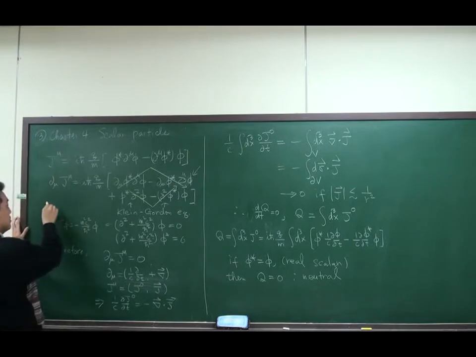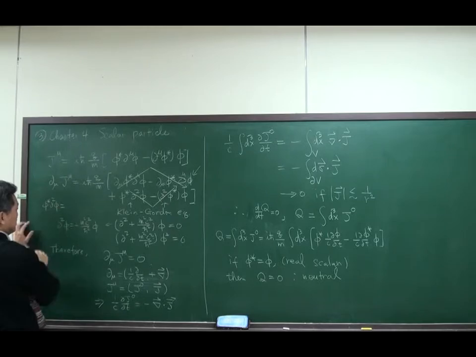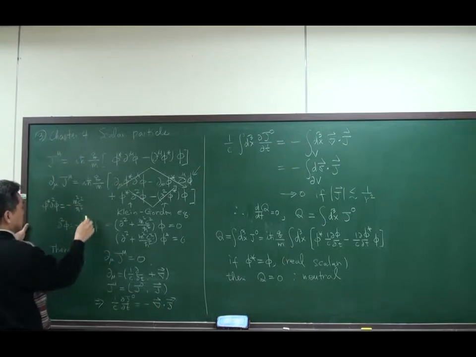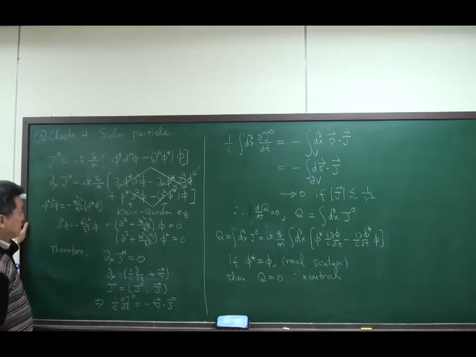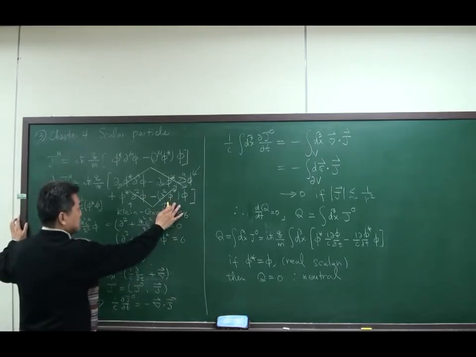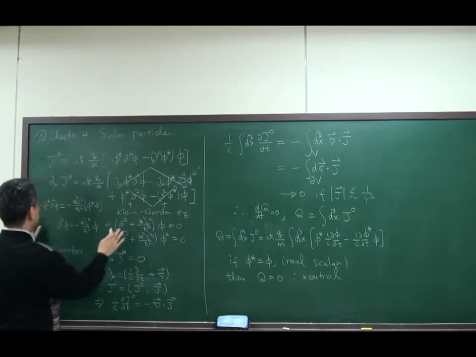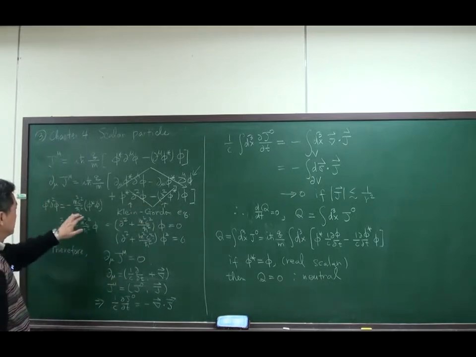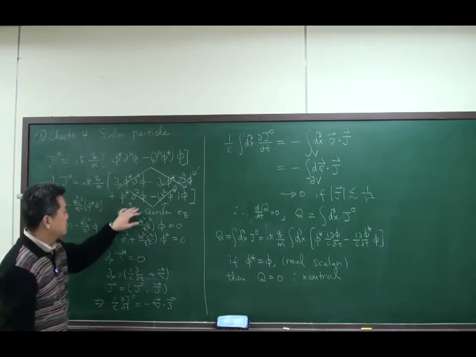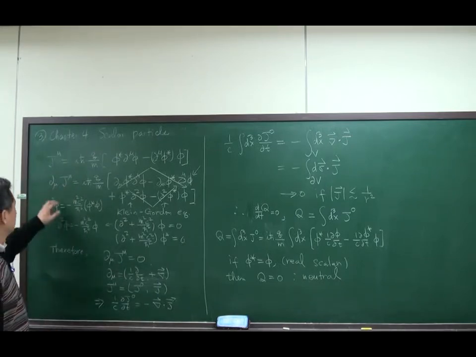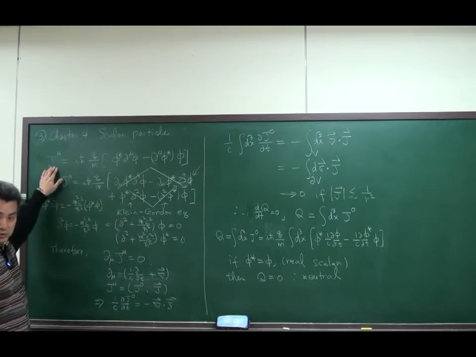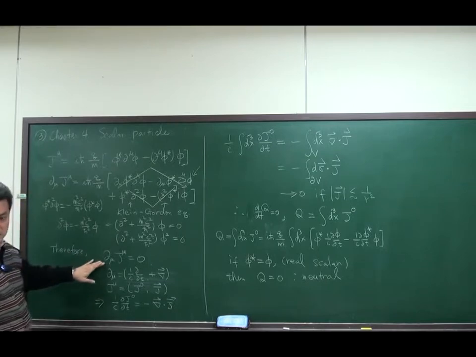So for example, φ* ∂² φ equals, copy this, −(m²c²/ħ²) φ* φ. And this one is just the complex conjugate of this equation. So they are the same. So they cancel exactly. Therefore, this current J^μ satisfies the continuity equation.